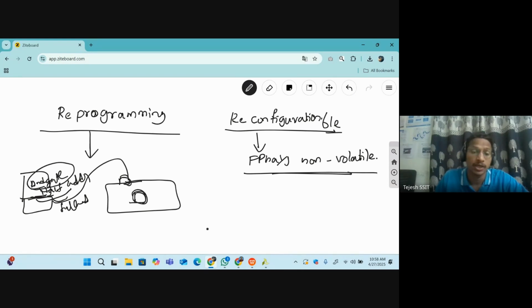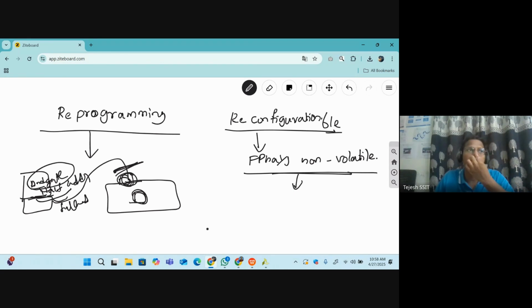Now you can remove this cable in the middle of the process. After dumping the code, if you remove the cable, the code will be deleted. So that is the meaning of non-volatile.